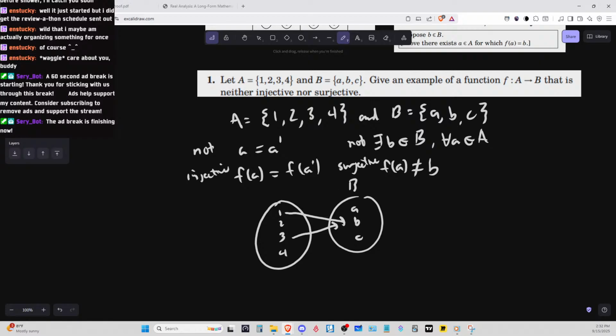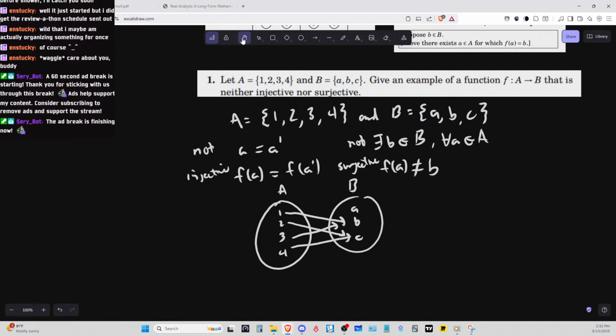Well, actually, I forgot to put set A and B. And it would be not surjective if we left one of the letters out. So I think in the example they left out C, so let's just leave out C. And I guess we'll double up here. So this is not injective and not surjective.